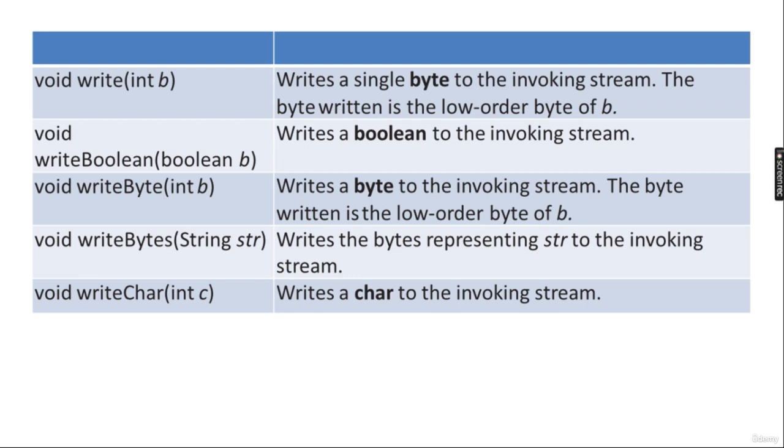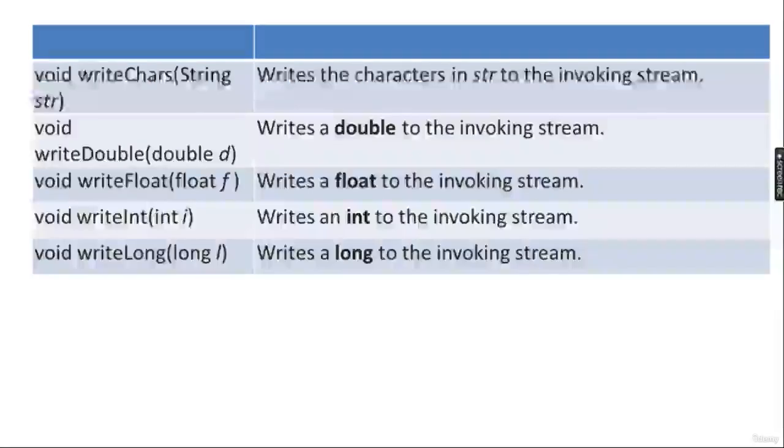Void writeBoolean(boolean b) writes a boolean to the invoking stream. Void writeByte(int b) writes a byte to the invoking stream. The byte written is the low order byte of b. Void writeBytes(String str) writes a byte representation of the string to the invoking stream. Void writeChar(int c) writes a character to the invoking stream. Void writeChars(String str) writes the characters in str to the invoking stream. Void writeDouble(double d) writes a double.